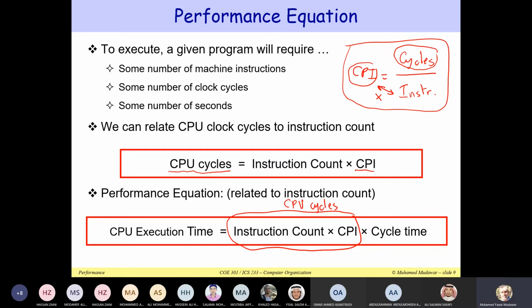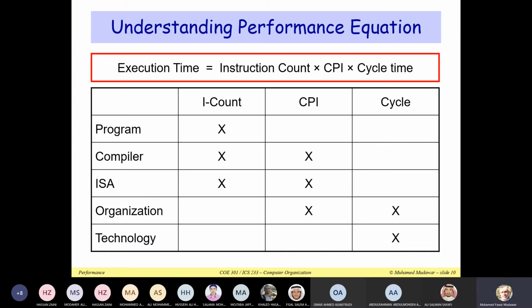But the CPU cycles is the instruction count multiplied by the average CPI. And then we multiply it by the cycle time. Correct? Yes, correct. So this is known as the performance equation: instruction count multiplied by the average CPI multiplied by the clock cycle. This is the CPU execution time.